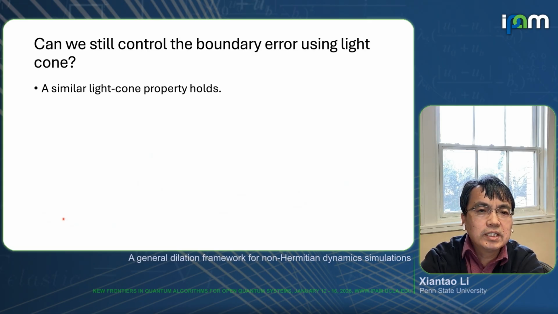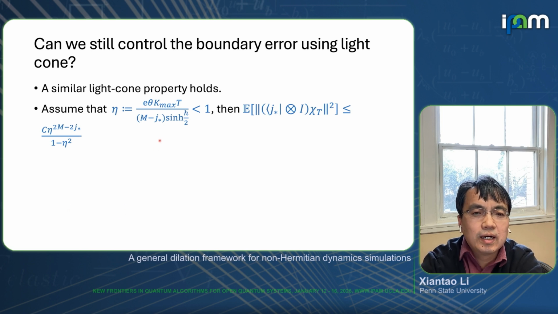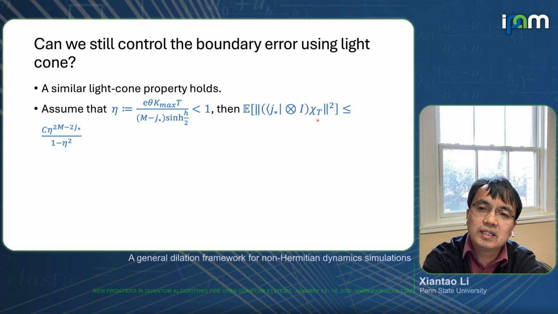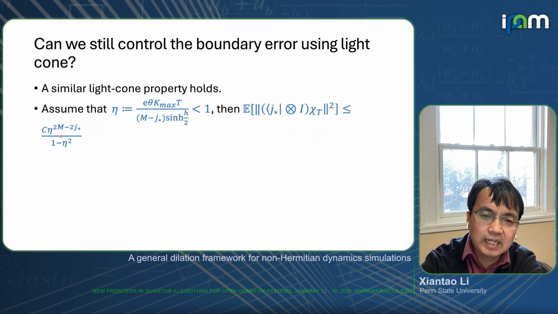Now, it turns out that similar light cone properties still hold, right? So you assume that this ratio here is less than 1. And then what happens is that if you look at the squared error of this chi, so this chi previously is the error between the exact dilation and the approximate dilation, and here this chi is going to be a pathwise error. The mean square error has this geometric decay.